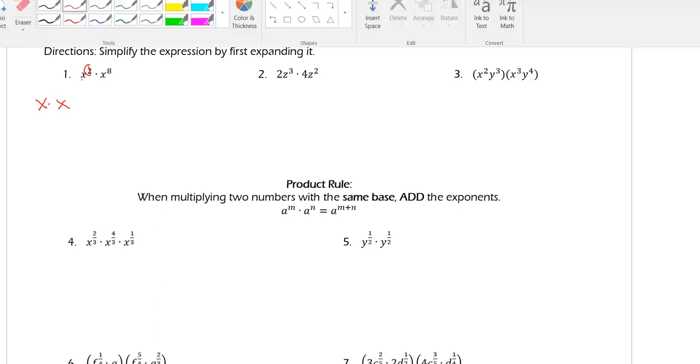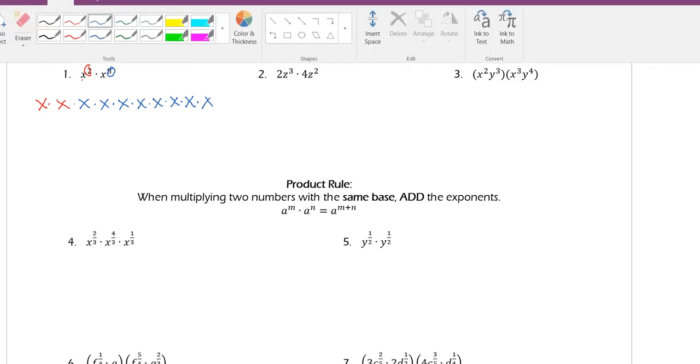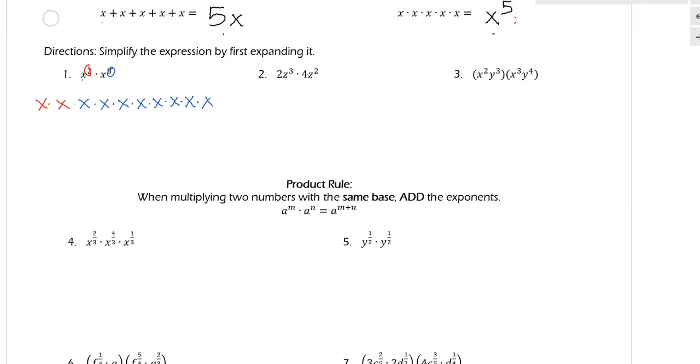Now that's being multiplied by 8 x's. 1, 2, ... 8. Yes, 8. So now how can I write this? Well, in total, I have 1, 2, 3, 4, 5, 6, 7, 8, 9, 10 x's. So x squared times x to the 8th is just x to the 10th.